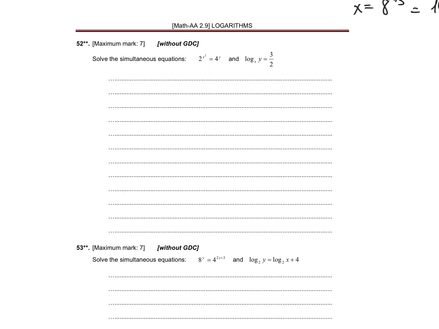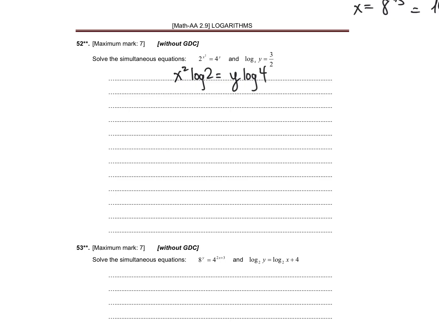So if we write this first one with logs, we're going to have x squared log 2 equals y log 4.